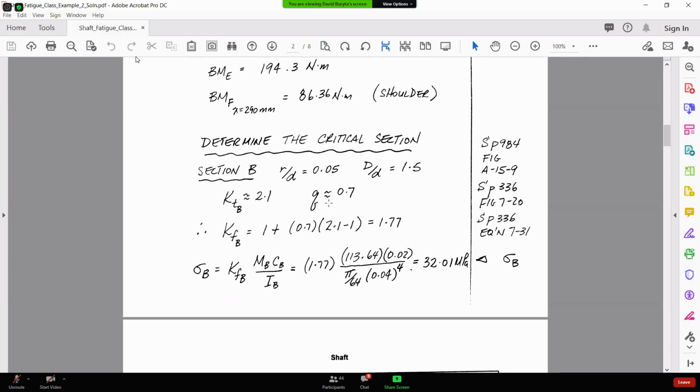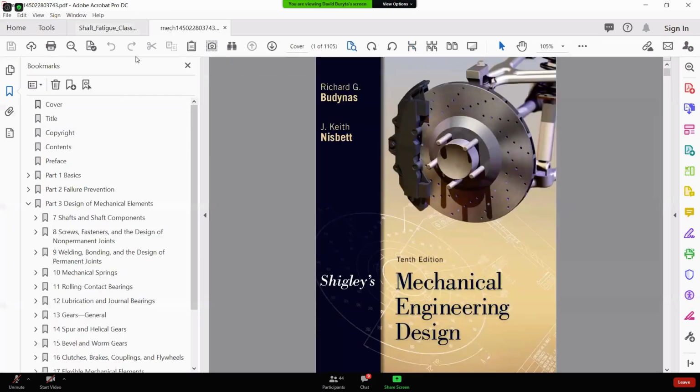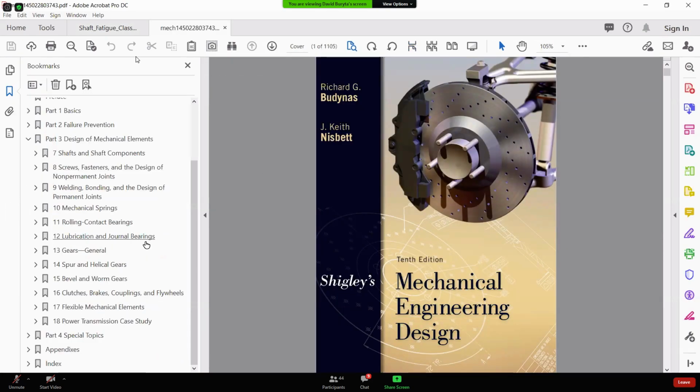What we need to do is go to figure A15-9, so I want you to go to that page, which is in the back of your book. Everybody turn to that page. And I'm going to pull up the 10th edition here.